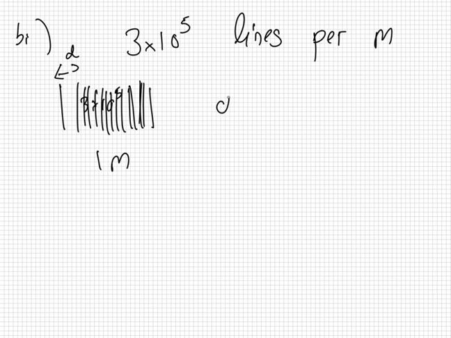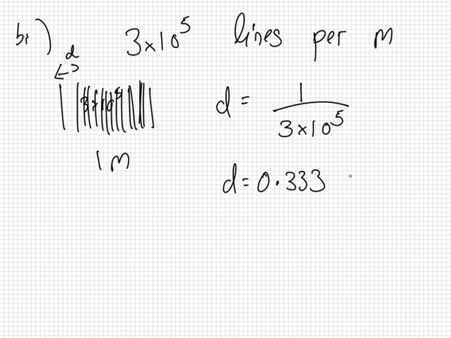So that's actually just D equals 1 meter divided by 3 times 10 to the 5. So D equals 0.333 times 10 to the minus 5.